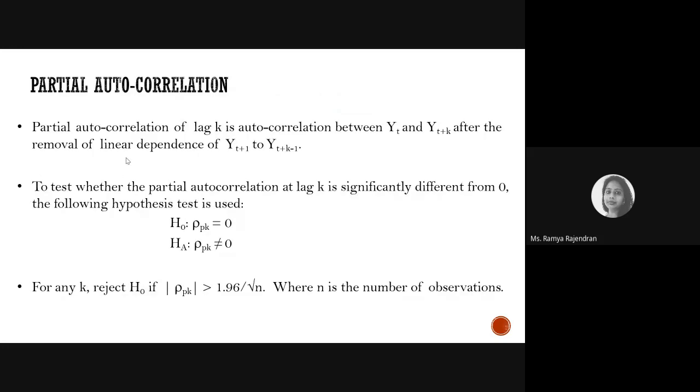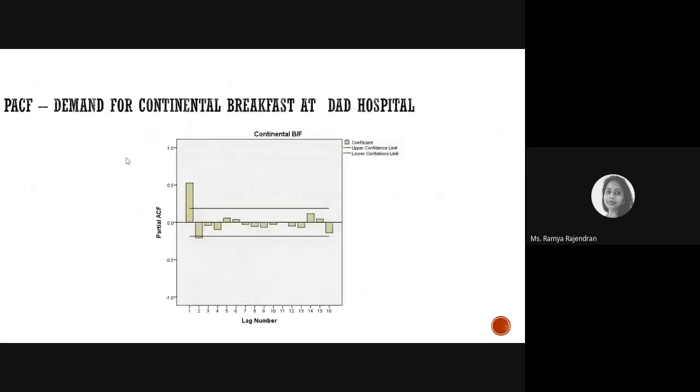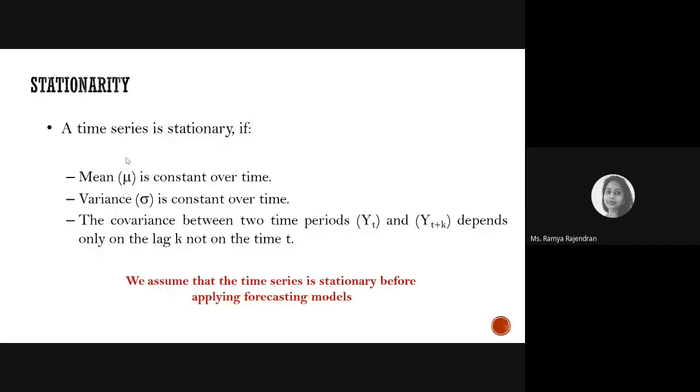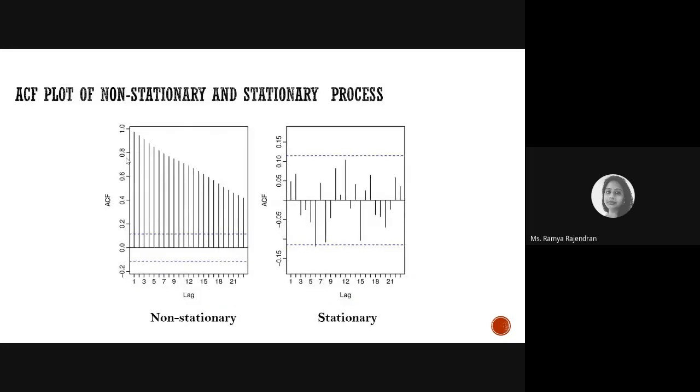Here you follow the same hypothesis, and the value should lie within the confidence limit to identify the lag number. You have to convert your non-stationary data into stationary data to apply the autocorrelation functions. If your data is not stationary, you cannot find out the number of lags.